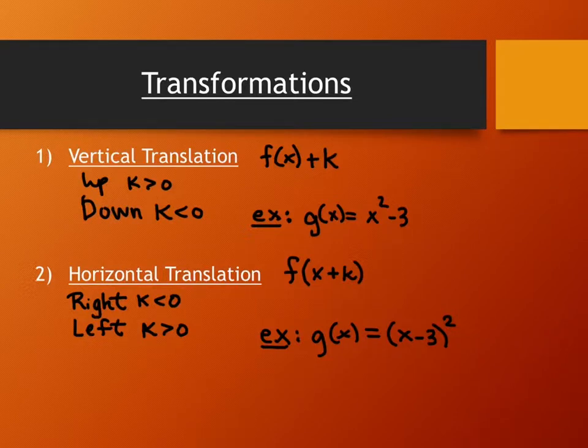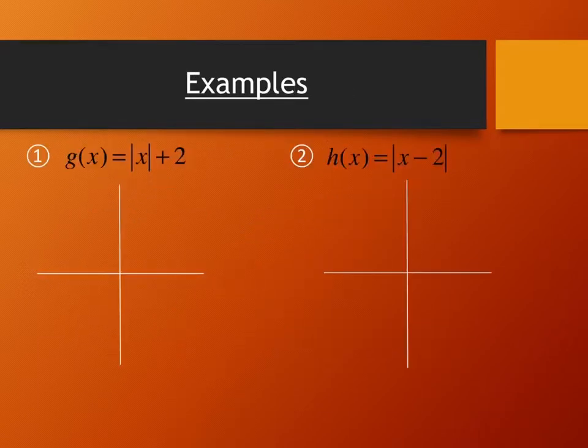All right, we have 2 more types of transformations we're going to look at. Let's do a couple of examples before we get there that apply to these. g of x equals the absolute value of x plus 2. This is going to look like an absolute value equation, which is what shape? A V. We're going to have a V shape. And how is it going to be translated? Up 2.